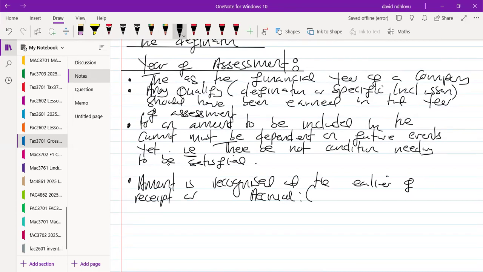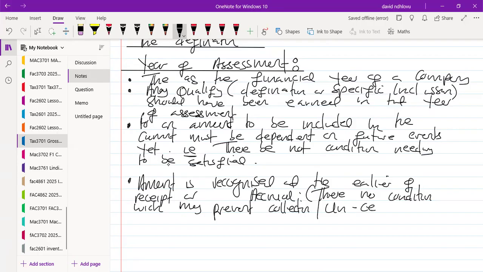Accrual is when there is no condition which may prevent collection. In other words, there is no uncertainty.